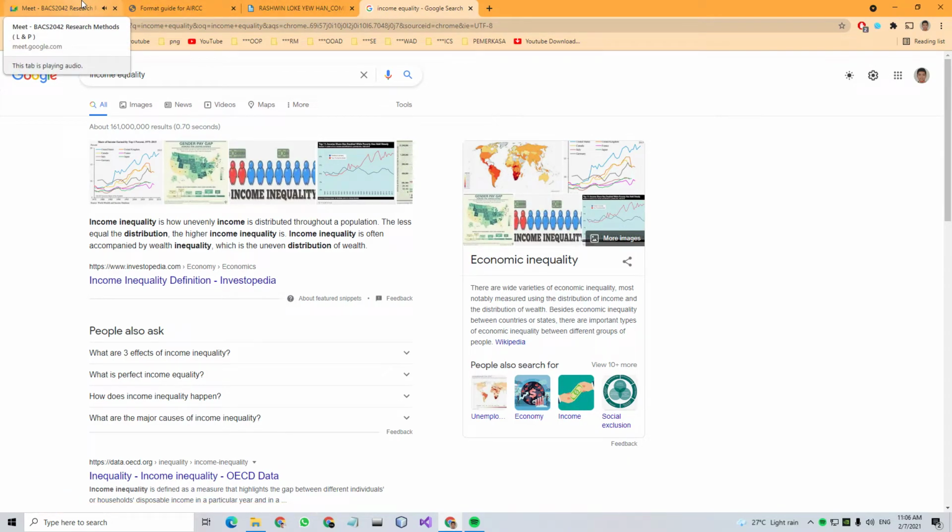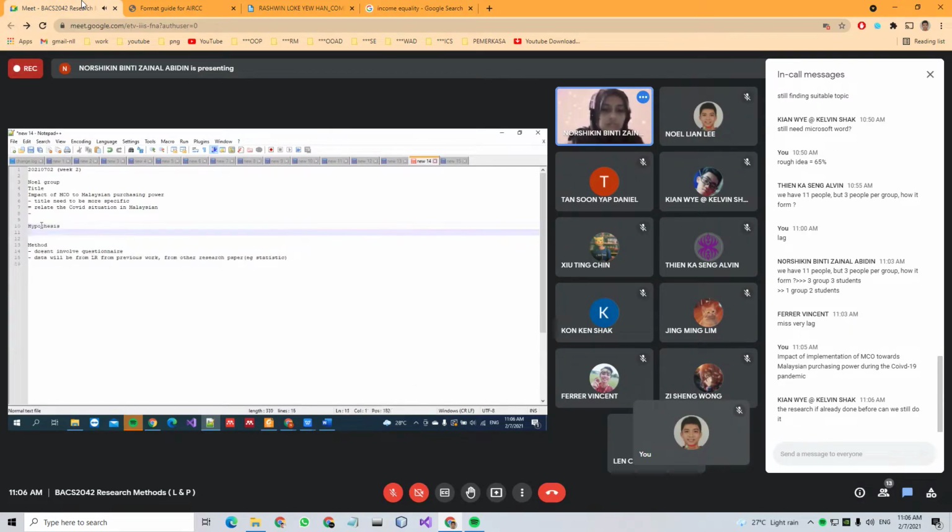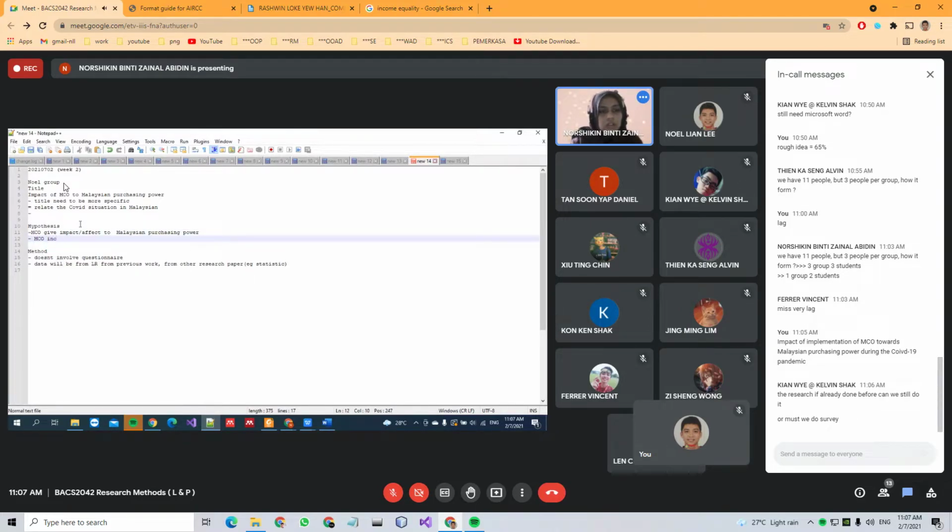So the hypothesis can be as simple as this: MCO gives impact to Malaysian purchasing power, that affects all Malaysians. Or MCO increases the... I don't know.